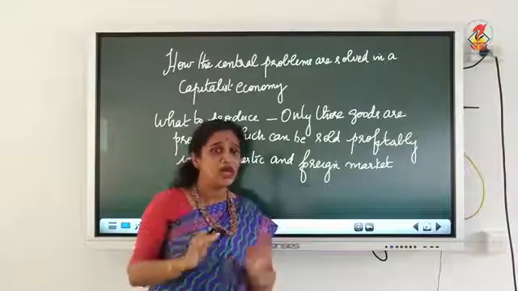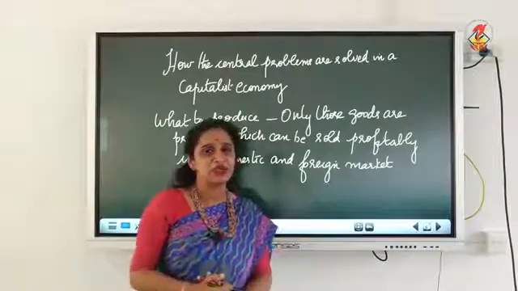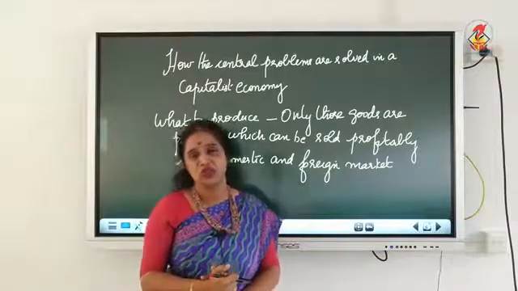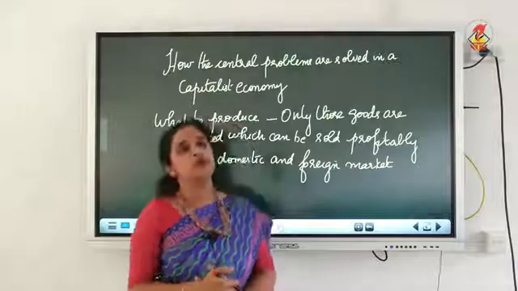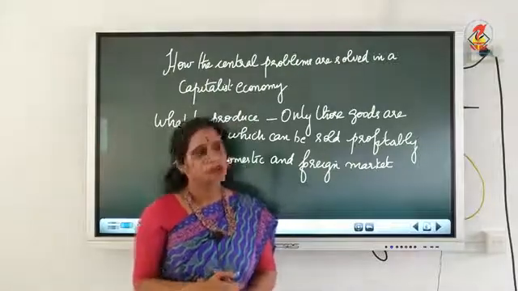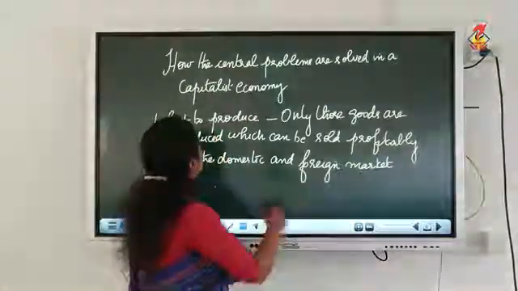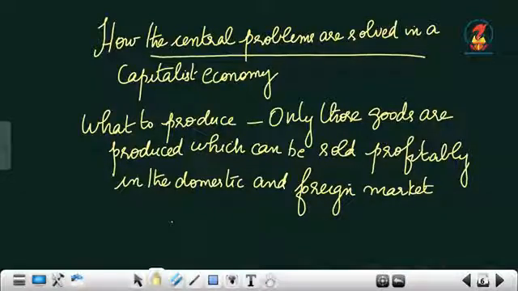Now, let us see how these economies are going to solve the central problems of what to produce, how to produce and for whom to produce. In a capitalist economy, you know that the first central problem is what to produce. Let us see what happens. Under the capitalist economy, what to produce? What do you mean by that?